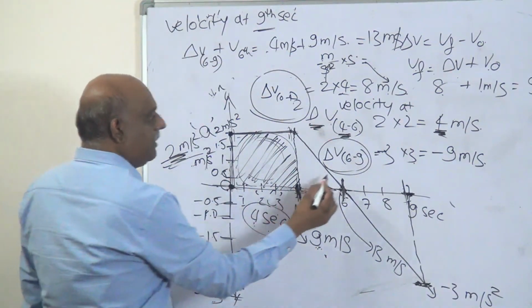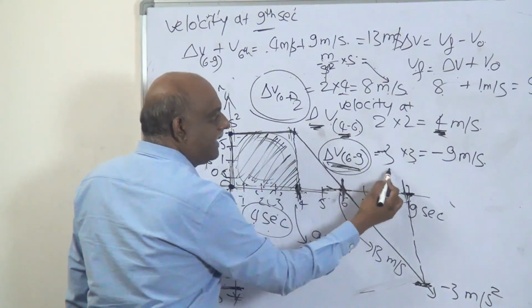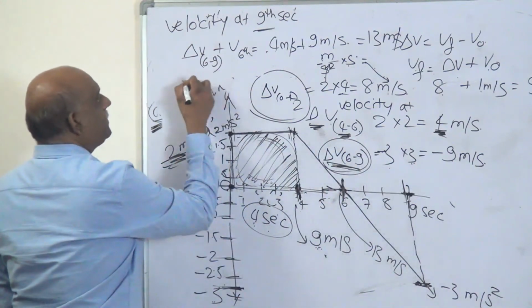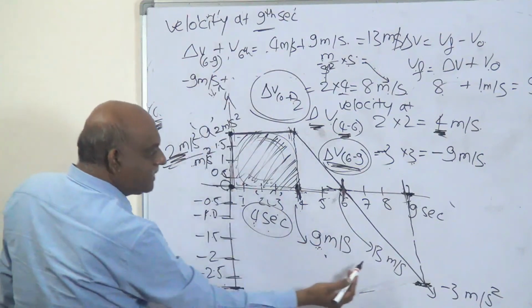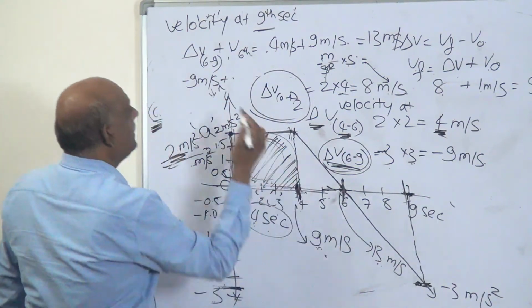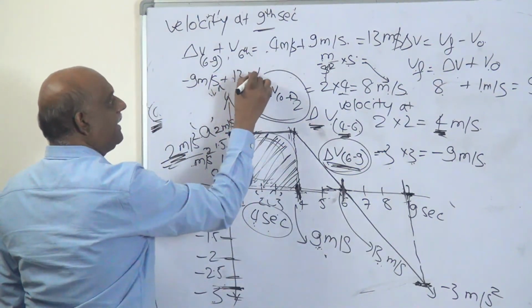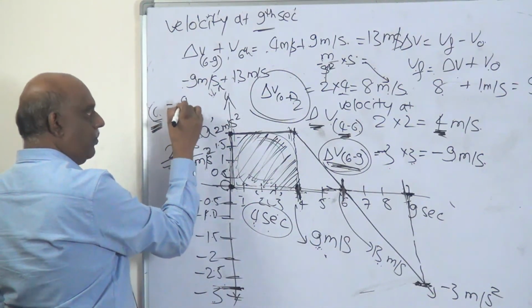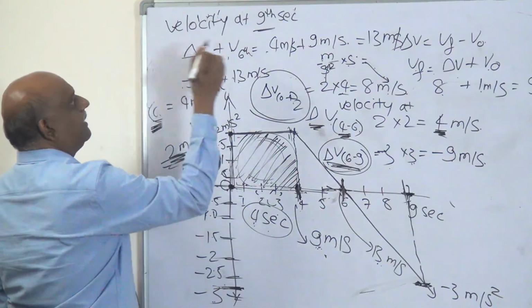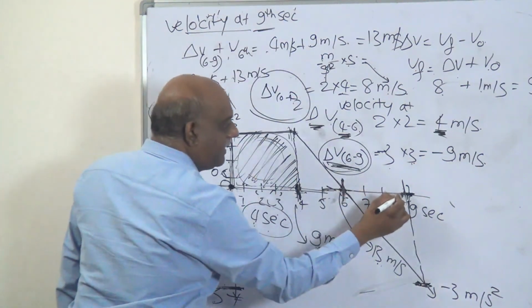So change in velocity from 6th to 9th second is minus 9 meters per second, plus the velocity at 6th second, 13 meters per second. So minus 9 plus 13 is 4 meters per second, the velocity at the 9th second.